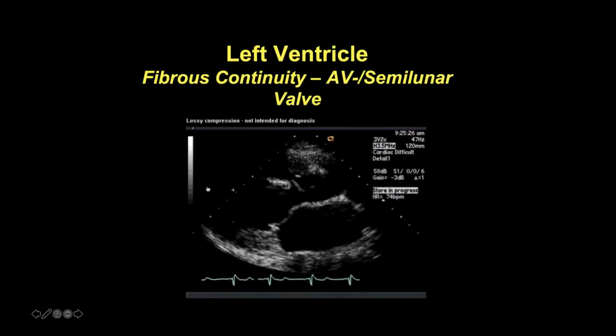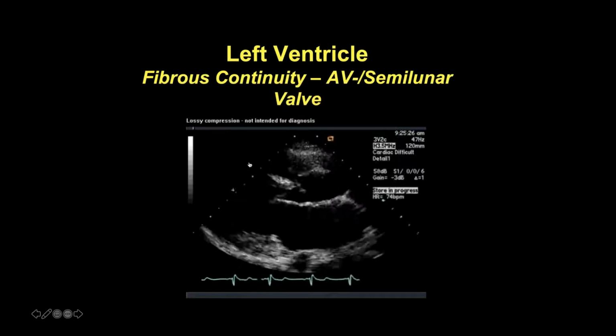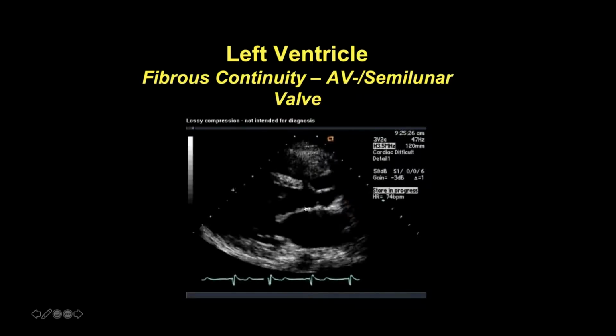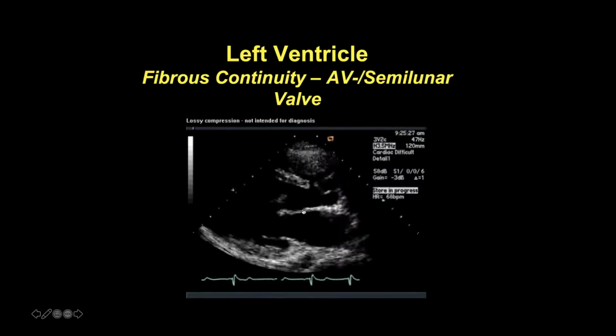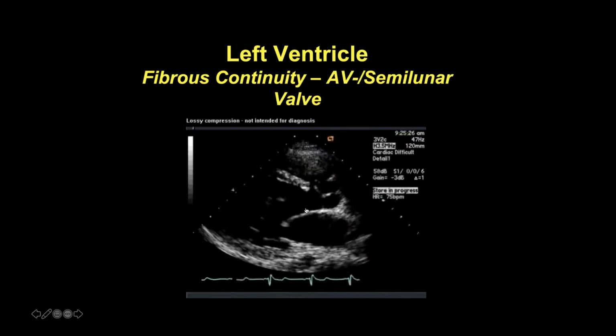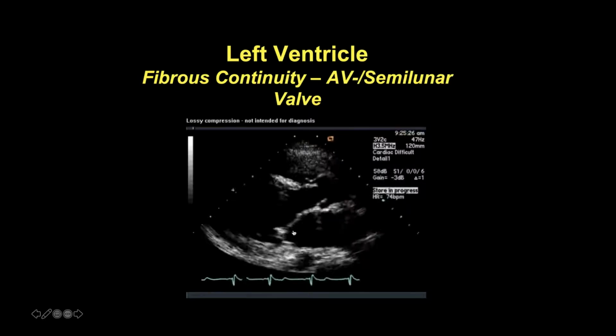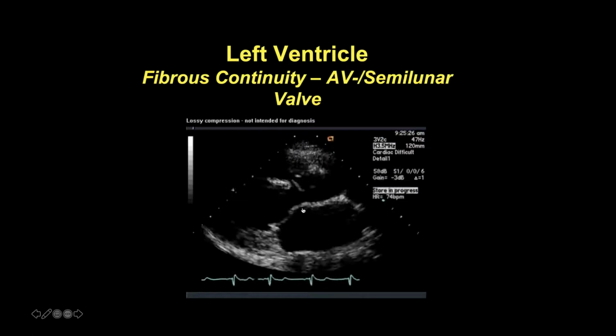Another morphologic feature for the left ventricle is the fibrous continuity between the AV valve and the semilunar valve. You see here in this setting, there's a fibrous continuity between this AV valve and the semilunar valve. You know now the underlying ventricle is a morphological left ventricle, and this is the mitral valve.